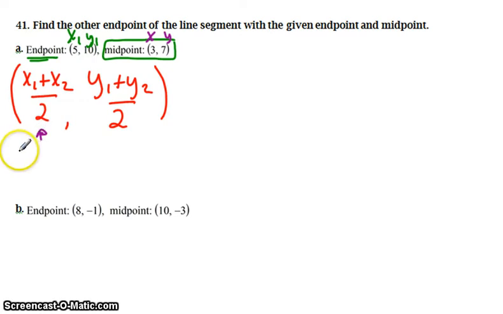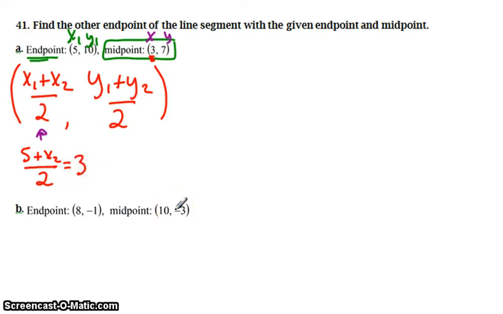I do not know what x2 is, but I do know what x1 is, so I can fill that in: 5 plus x2 over 2. I don't know what x2 is, but I do know what my final answer should be. That final answer should be 3.